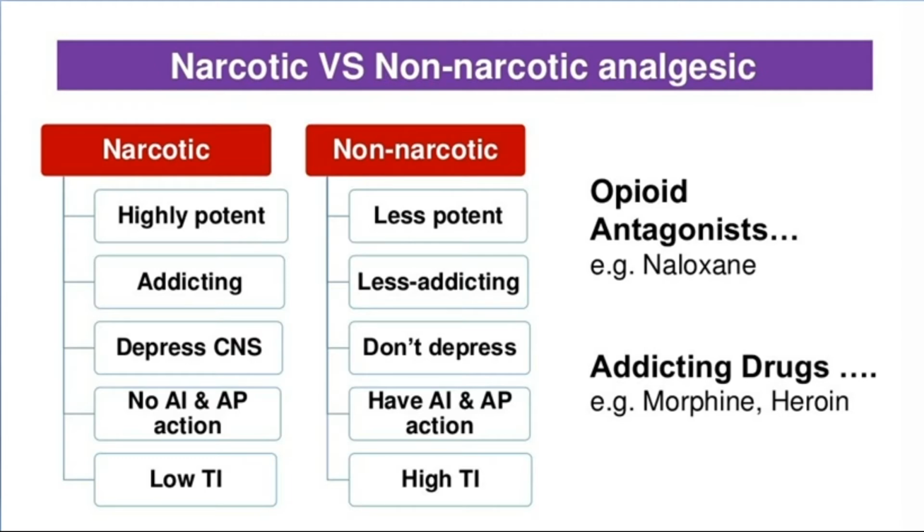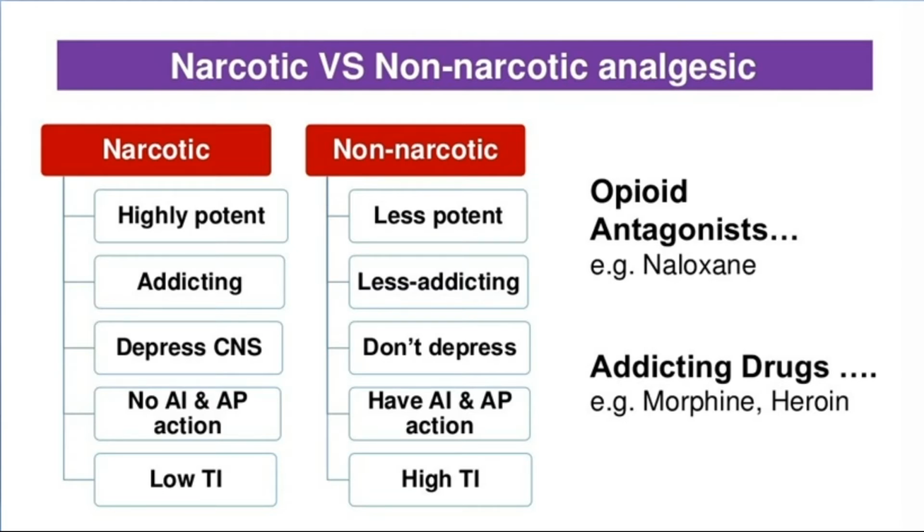Narcotics depress the CNS, non-narcotics don't. Narcotics have no anti-inflammatory and antipyretic action, and non-narcotics have anti-inflammatory and antipyretic action. Narcotics have a low therapeutic index, and non-narcotics have a high therapeutic index. Opioid antagonist, example naloxone. Addicting drugs, morphine, heroin.